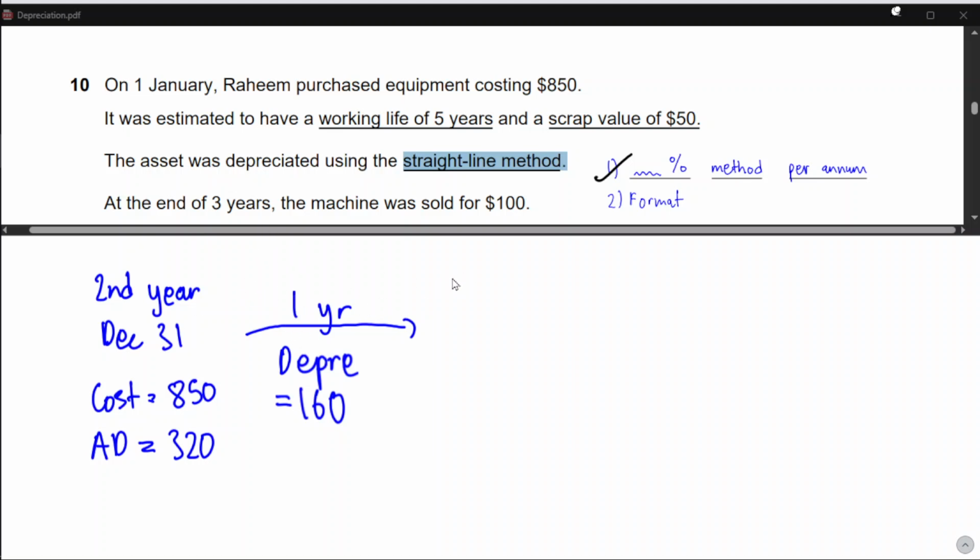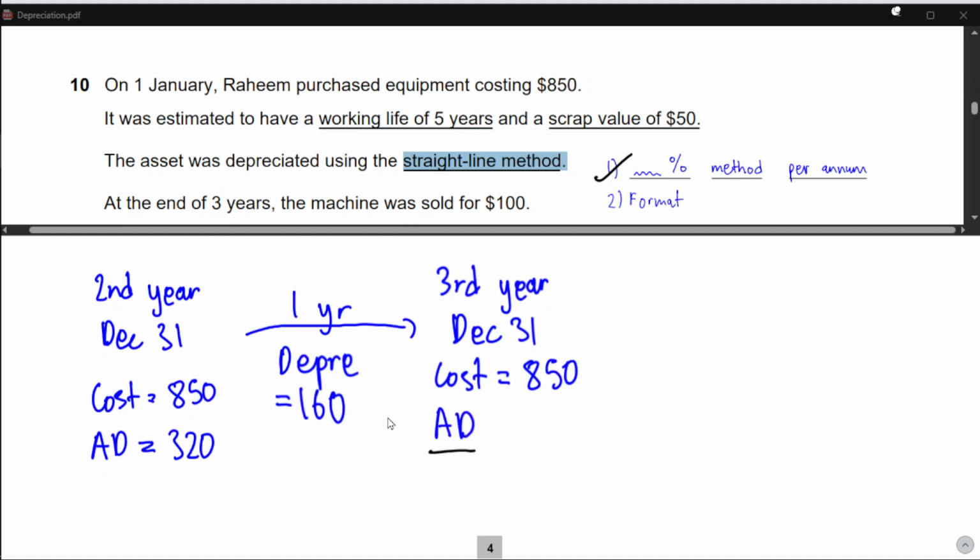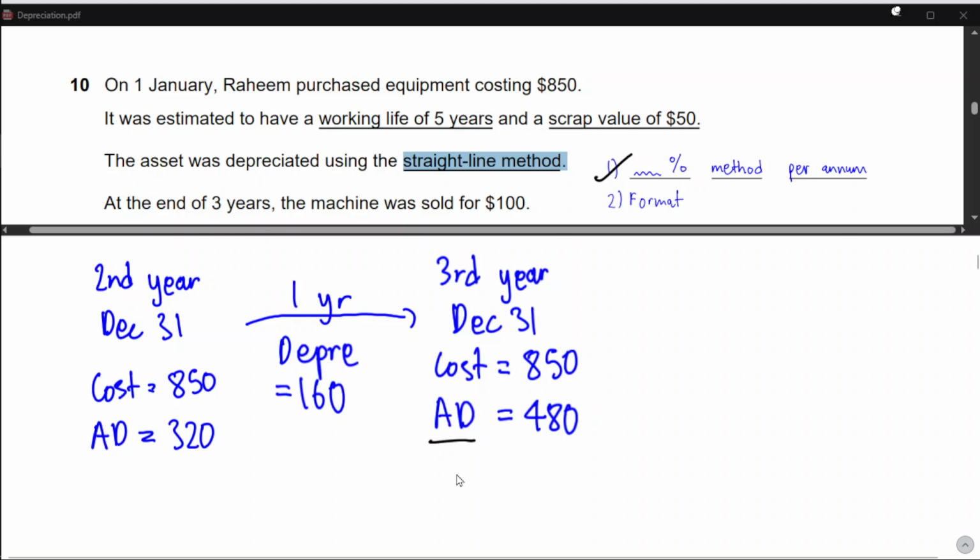Then after 1 year is the third year. The cost will be the same, and for the AD you just add this. Then the net book value equals cost minus AD.